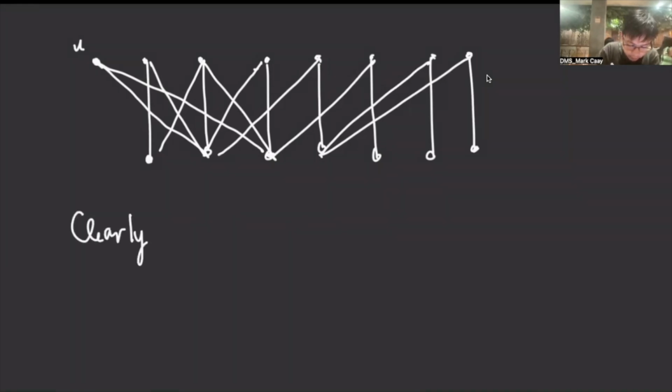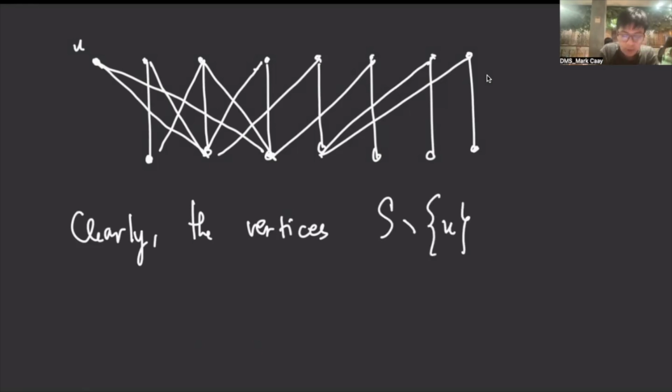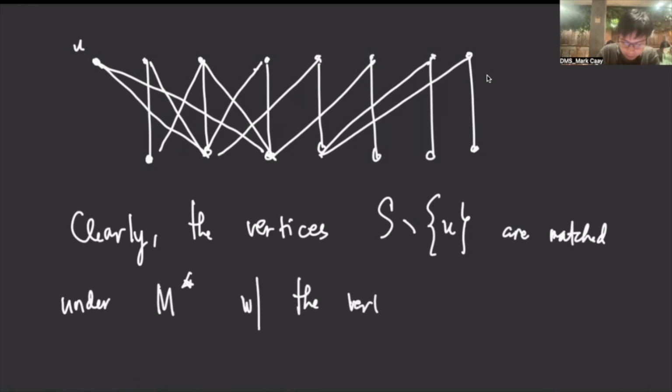Okay. So, clearly, the vertices in S minus the set containing U, remember your S is a subset of your X, no? Are matched under M star with the vertices in T. So, bali, isipin mo ito yung S mo.